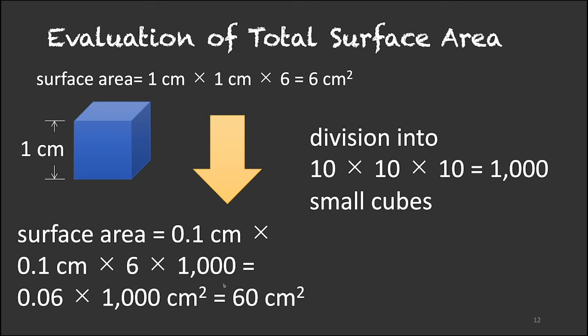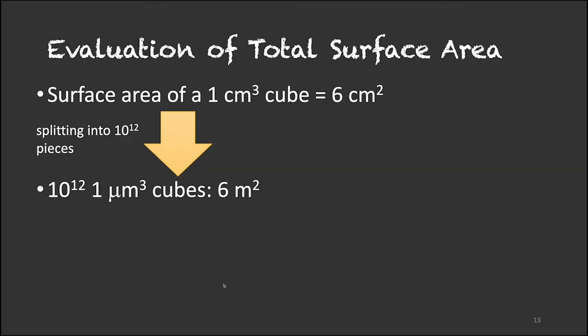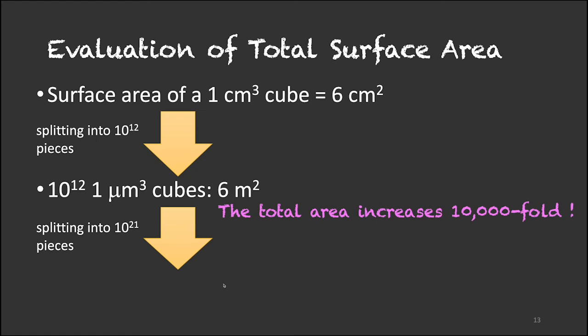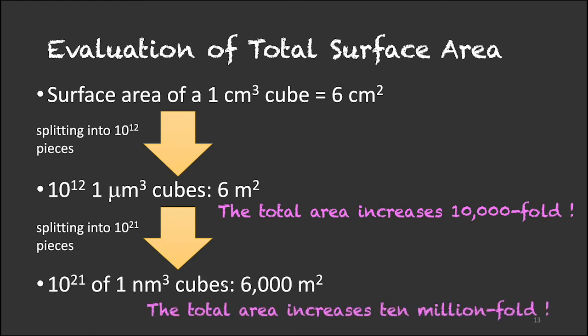If the pieces are of micrometer size, calculation is done in the same manner and we get 6 square meters. This is 10,000-fold of the original surface area. Decomposition into nanometer size pieces enlarges the total surface area to 6,000 square meters.